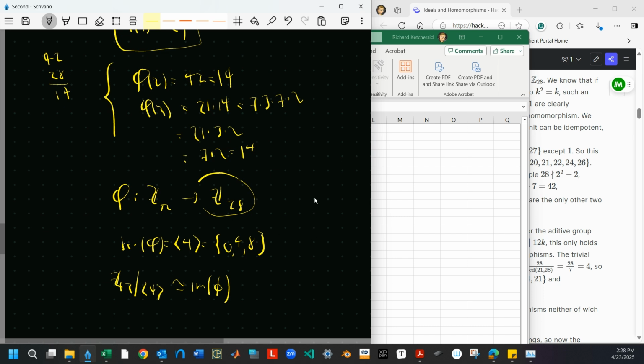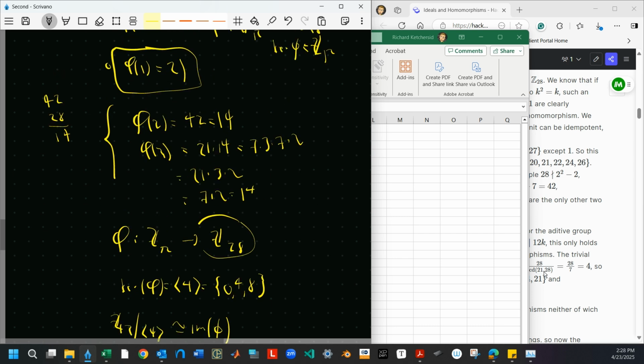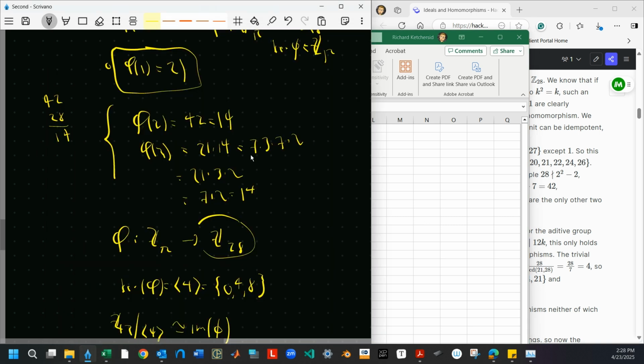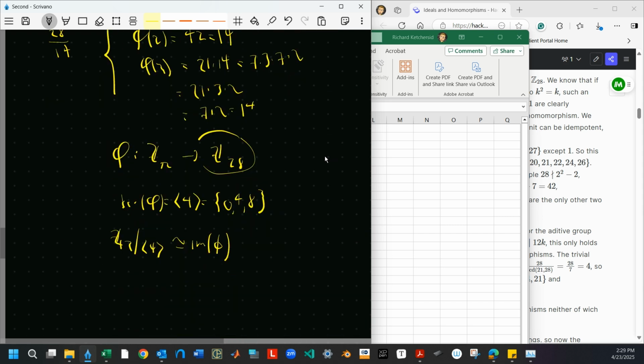And I guess we computed it. So it's 0, 7, 14, and 21, and so this is actually equal to this, sitting inside of Z28.